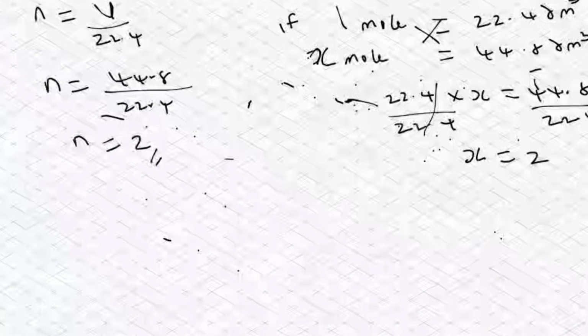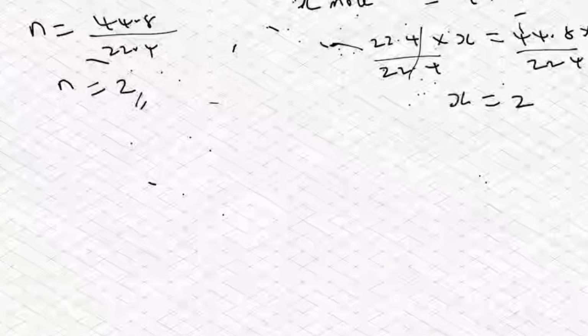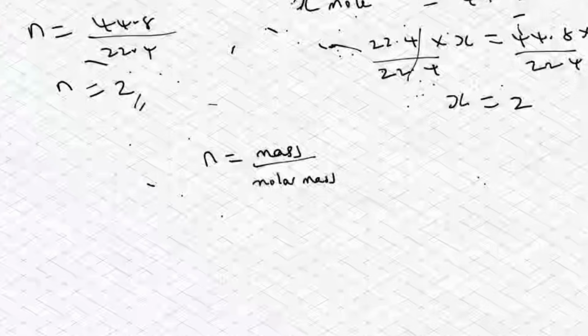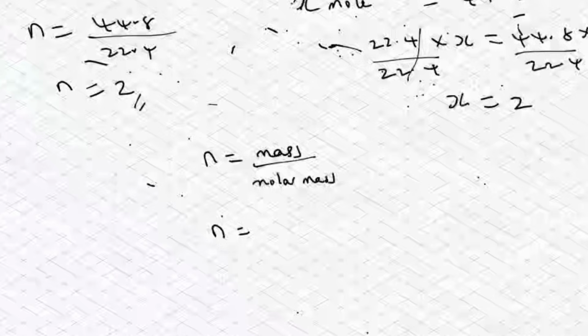Easy. Now what if they combine the 3 formulas I've given you guys today together? I'm going to be explaining how it works. Since we say n is equal to mass over molar mass, we also say n is equal to volume over 22.4.